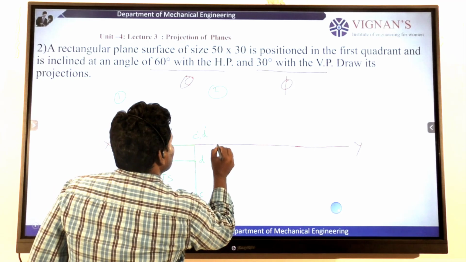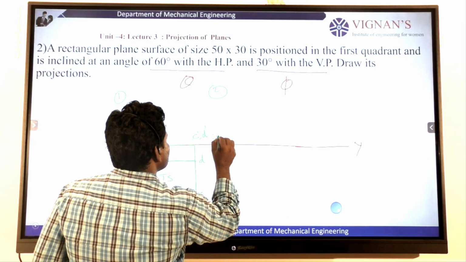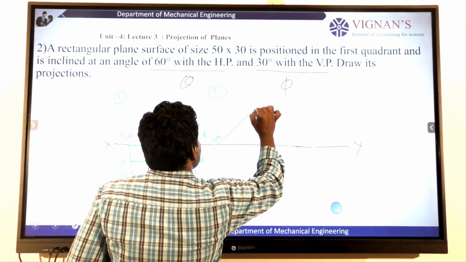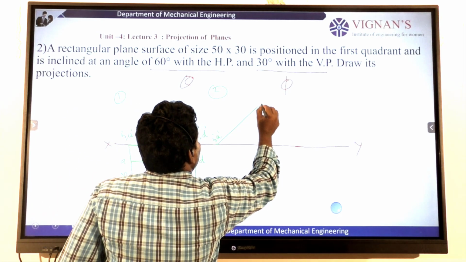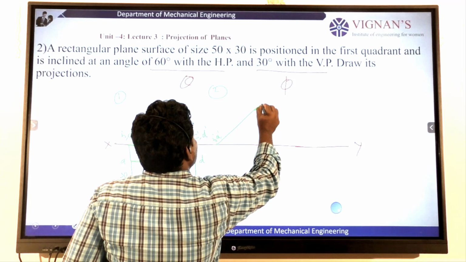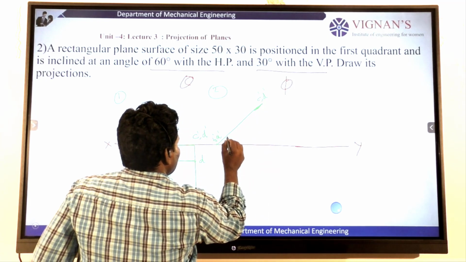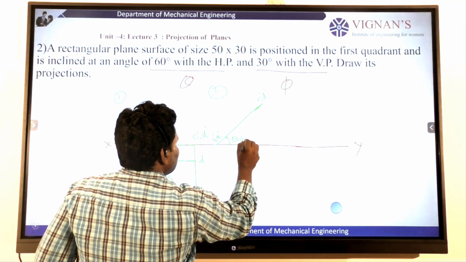So we take B dash A dash here at 60 degrees, with length equal to the first step length. This is C dash D dash. Inclination is 60 degrees.